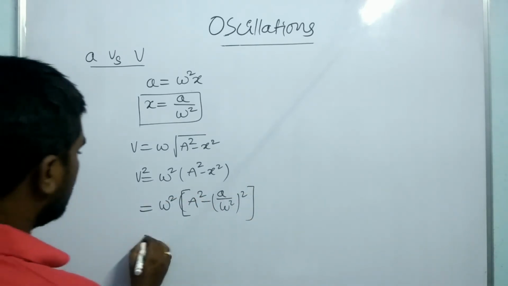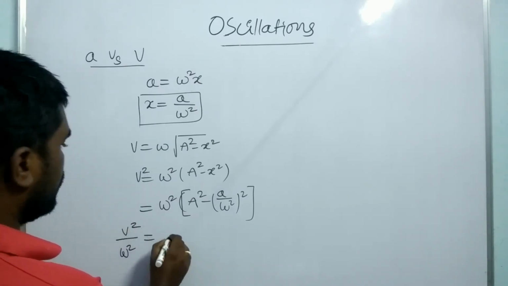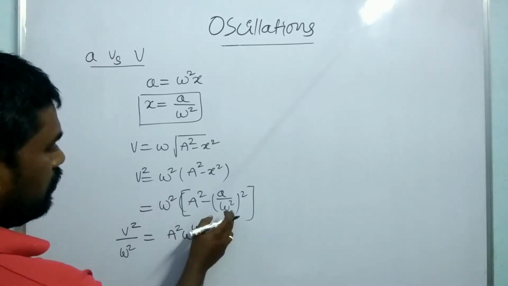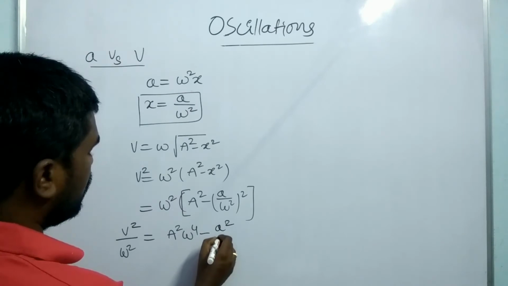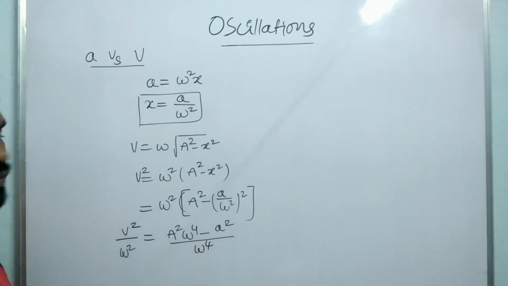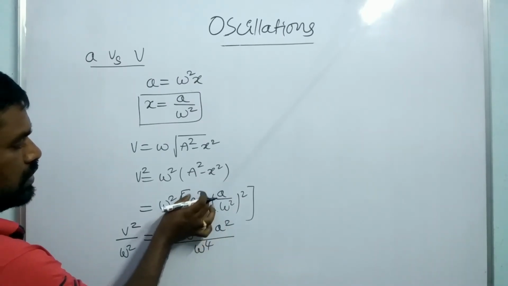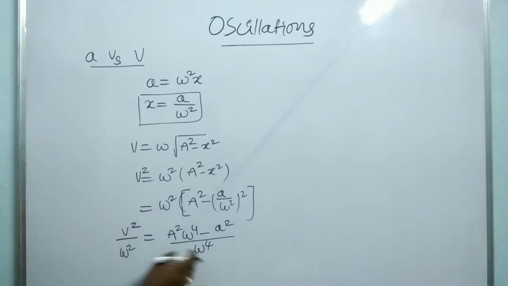So now let us write v square by omega square is equal to a square omega to the power 4 minus a square by omega power 4. Taking the LCM, omega power 4. So how can we write that?